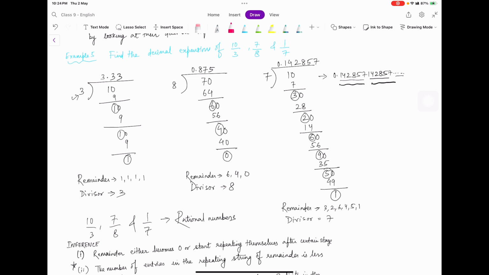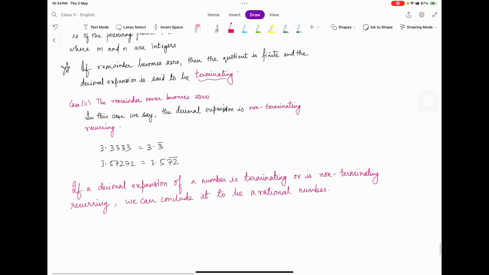So we say the decimal expansion is non-terminating recurring. If a decimal expansion is terminating or non-terminating recurring, either of them, then we say that it is a rational number.